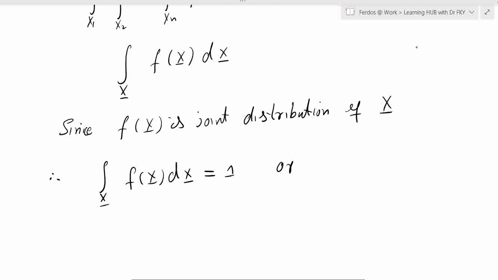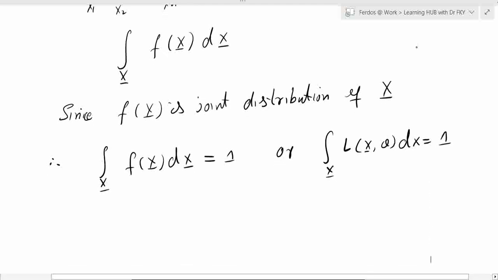You can say this is the likelihood function as well, so the integral of L(x, theta) dx is equal to 1. You can write it like this as well.